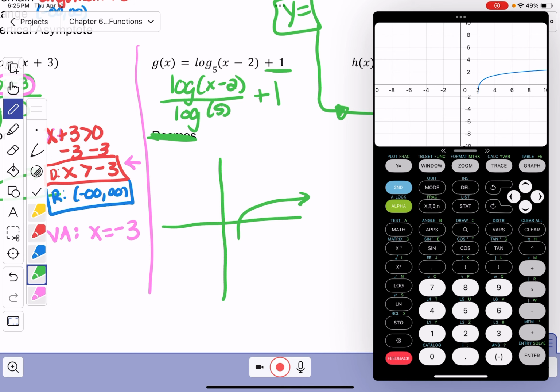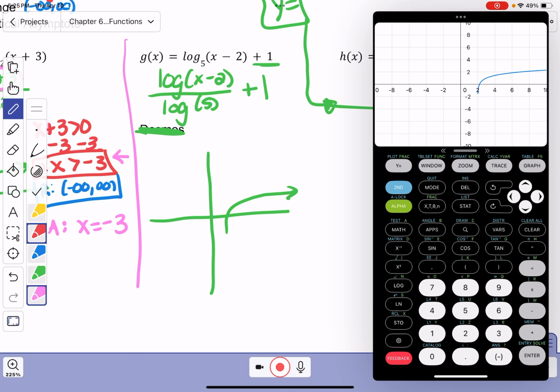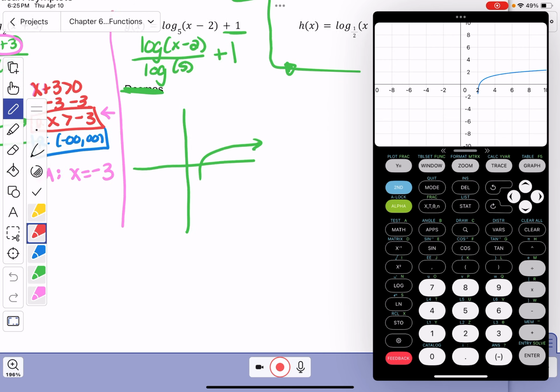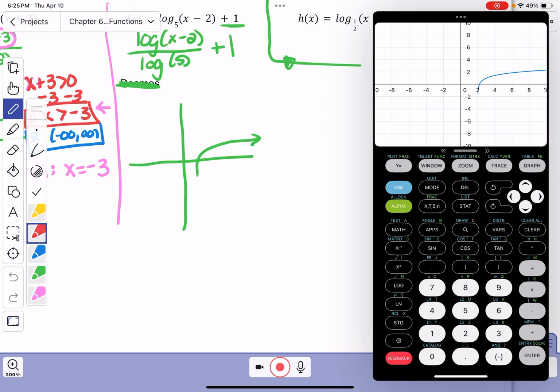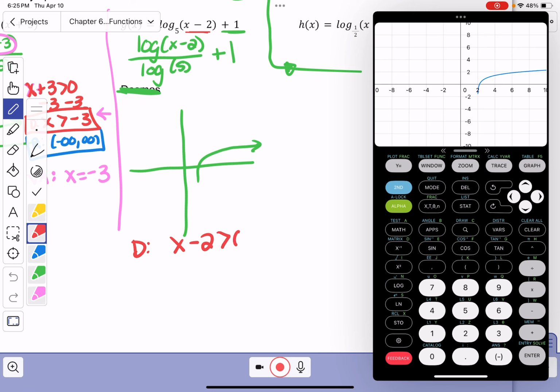So if I look at this, there's my graph. To find the domain, we need our argument, x minus 2, to be greater than 0. So I'm going to add 2 to both sides. So my domain is x is greater than 2. If I was to put that in interval notation, it would be 2 to infinity.